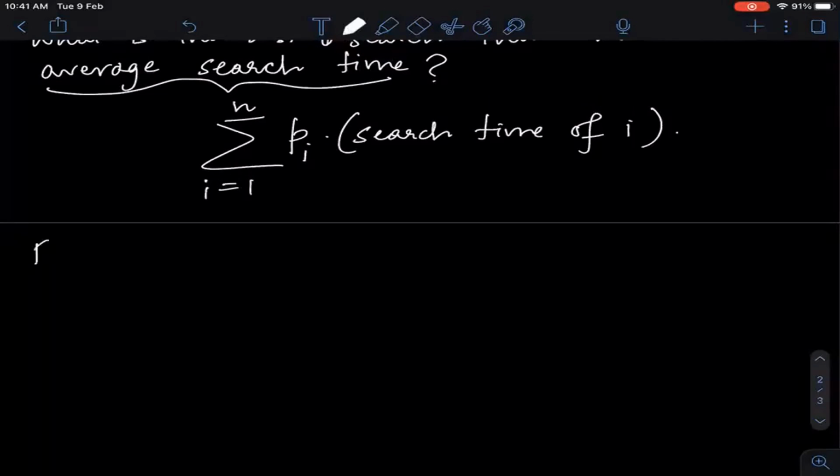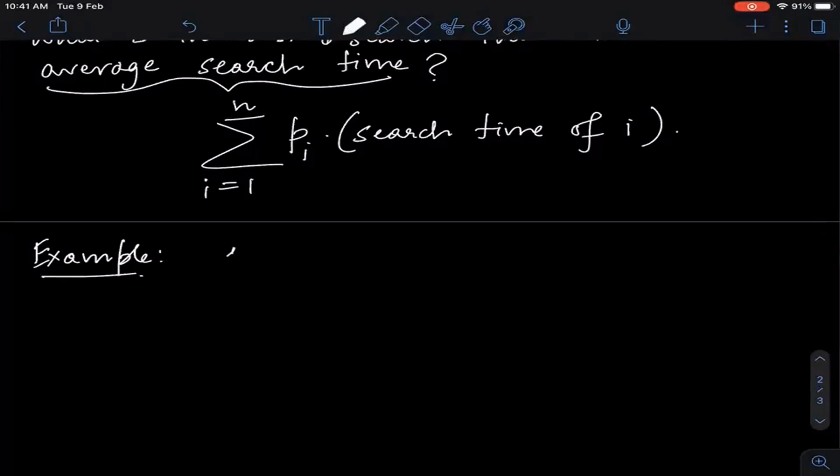Suppose I give you the following example. Suppose I have just 3 keys. Now this one has a probability of 0.8, this one has a probability of 0.1, and this one has a probability of 0.1.